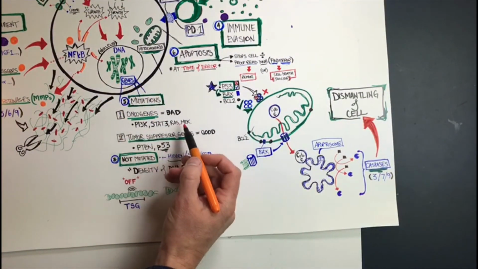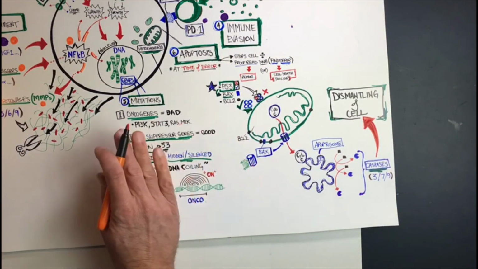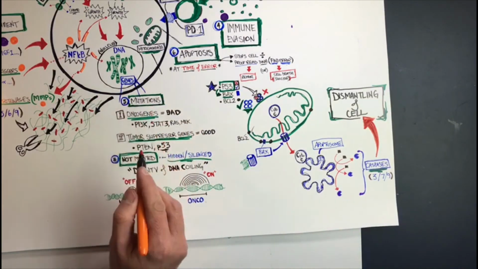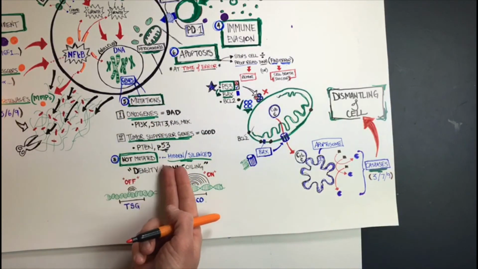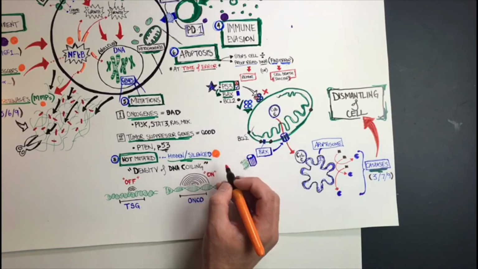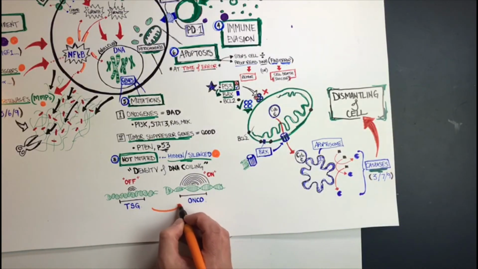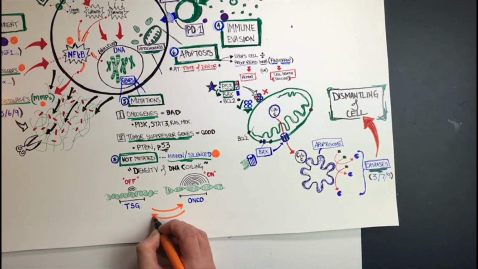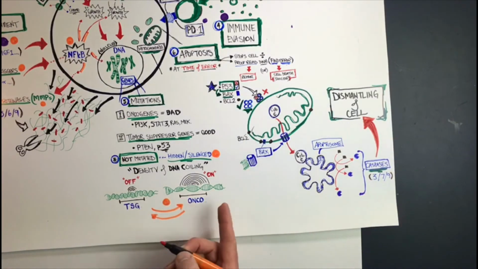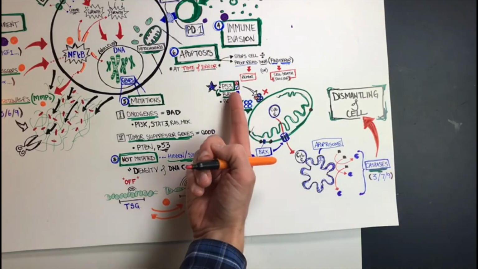Looking at the level of mutations, we can't do anything to correct a mutation that's already there. But there are compounds that can increase the expression and reverse, so we can make the oncogenes the quiet ones and the tumor suppressor genes the loud genes in a cell.